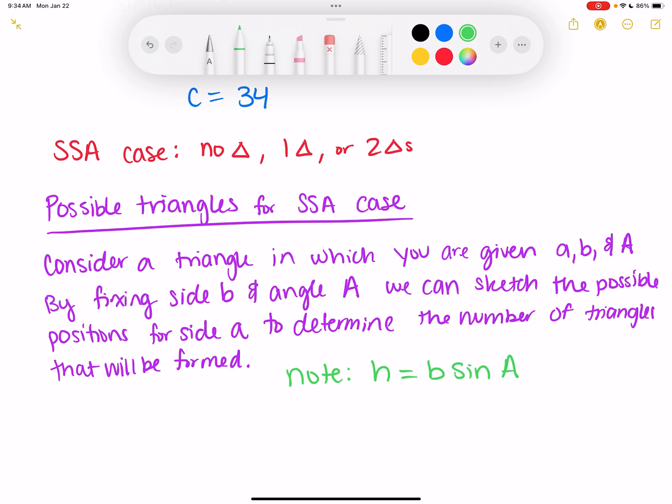Okay, and that's going to be true for all of this going forward. So for this chart that I'm about to write for you, that's going to be the case. Whatever piece of information you're given, side B is always getting fixed, or so the side that doesn't have the angle with it is getting fixed, the other angle is getting fixed, and then that other side is what is changing.